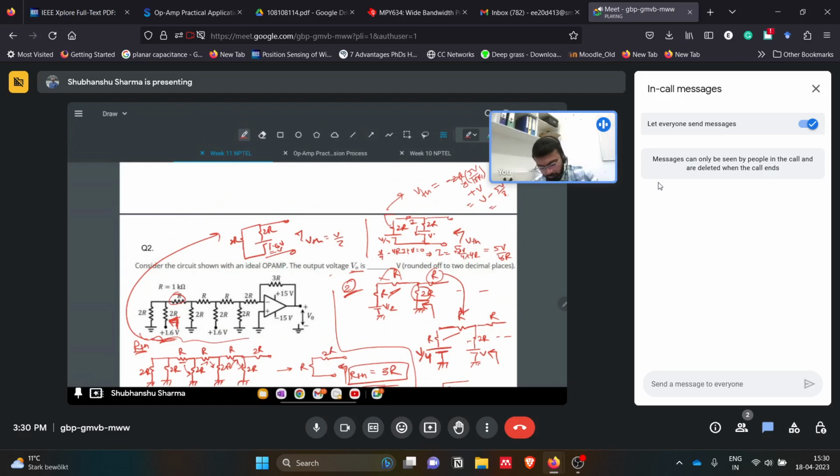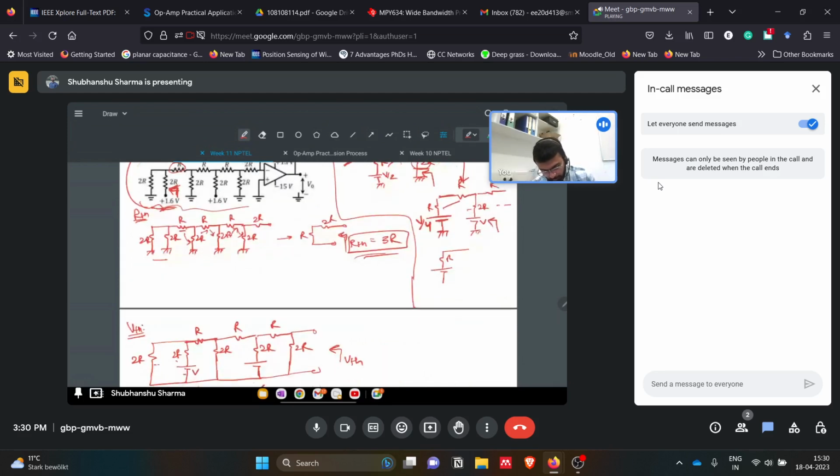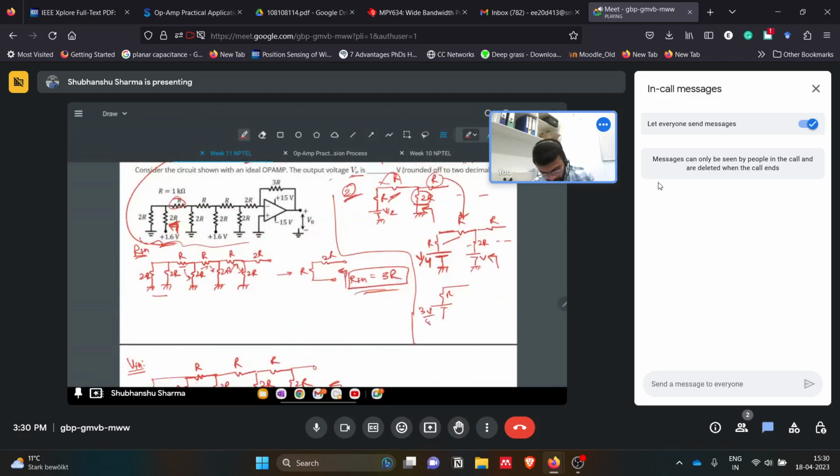So this will be 3V by 8. VTH will be 3V by 8.